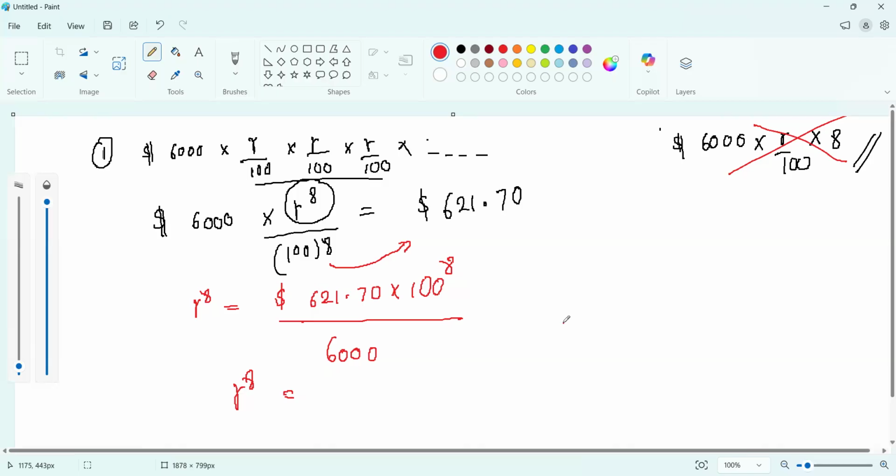You can get it, no? Get the answer for R accordingly. Use the calculator, you can find it. Don't take much time.